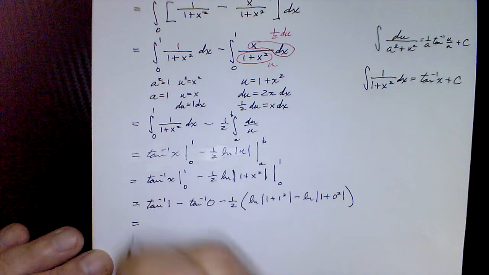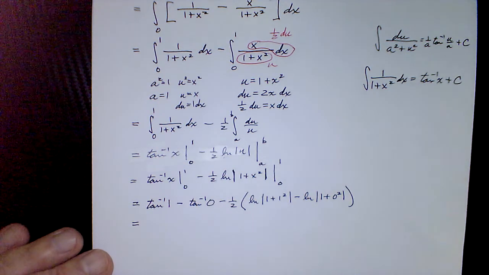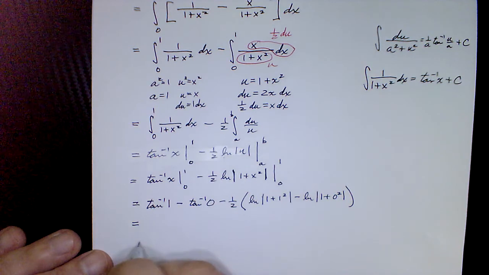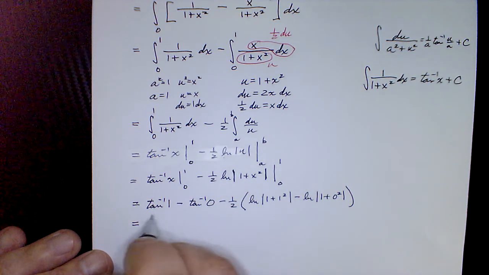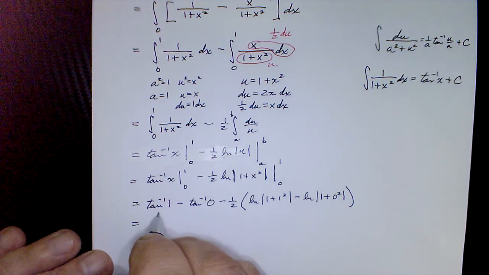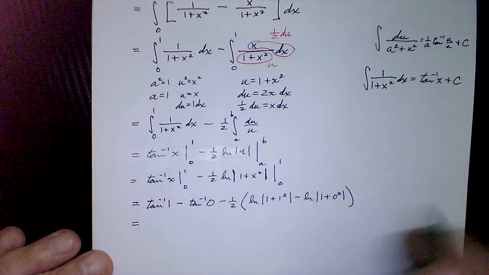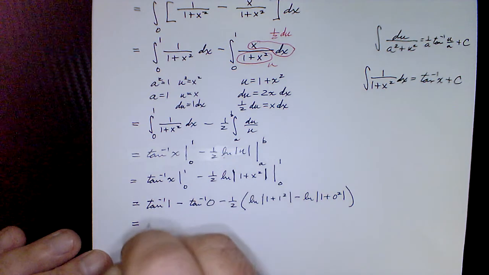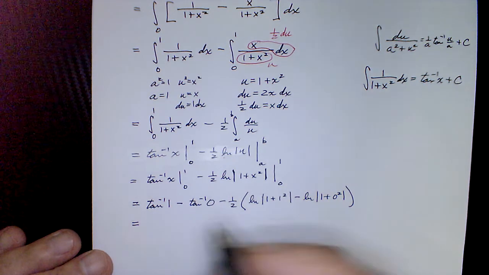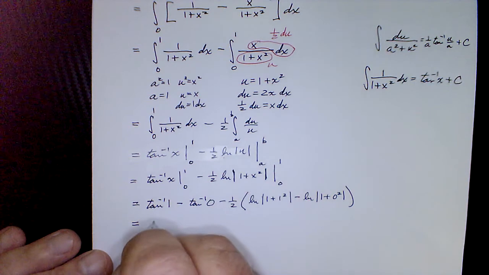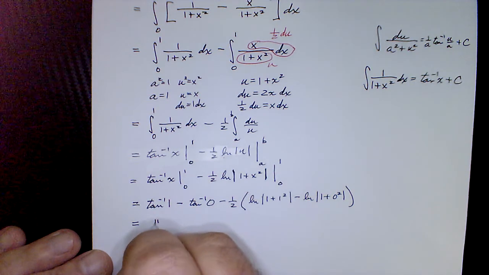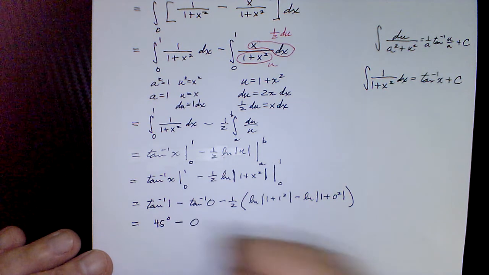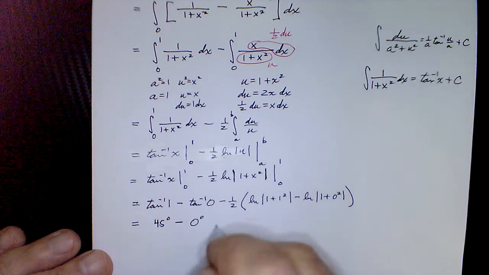Okay, inverse tangent of 1, if you have to, use your calculator, or if you have it in terms of degrees, you're going to get 45 degrees, or you can make up the triangle and go through the formal way to evaluate the inverse tangent of 1. That's 45 degrees, or you might want to do it that way in terms of degrees and then change it to radians. Inverse tangent of 0, 0 degrees or radians.